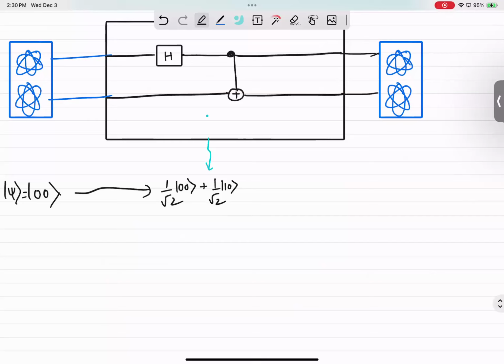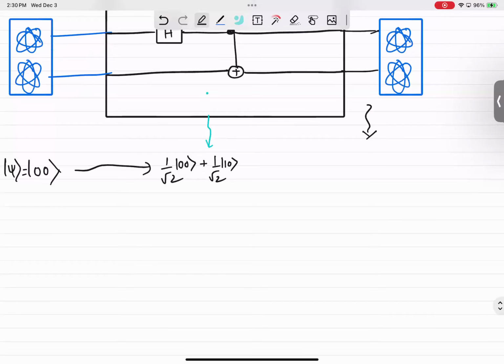And then I'm applying the quantum CNOT gate, right? But we also know what the quantum CNOT gate does. We know what it does on the basis vectors. So by linearity, we should know what it does on the whole state. Okay? So what would happen?